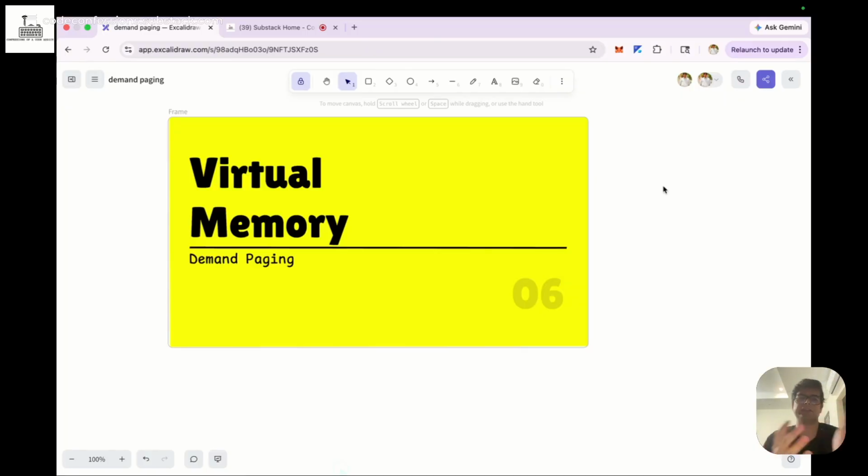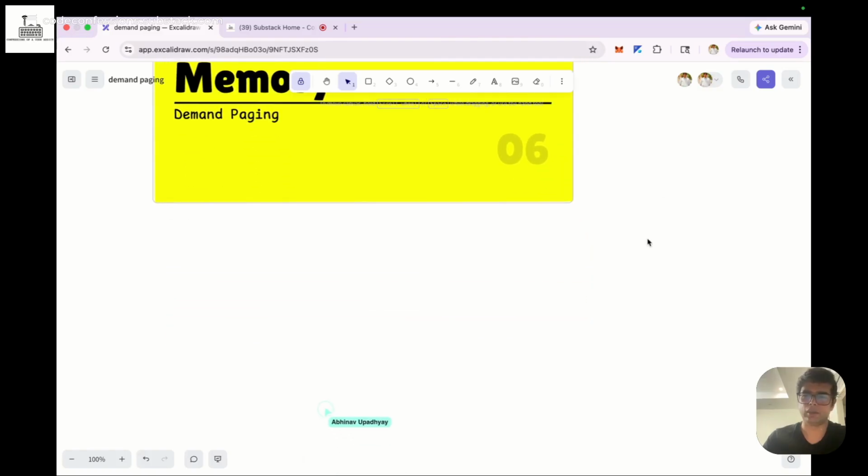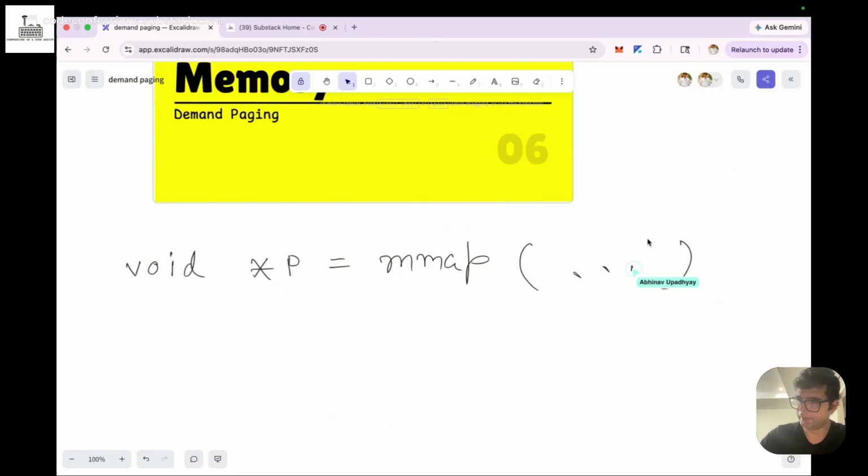Whenever in your application you're trying to allocate memory, for example, if you are calling malloc or mmap in your code, I might call mmap with some parameters to allocate, let's say, 4096 bytes, which is one virtual memory page.